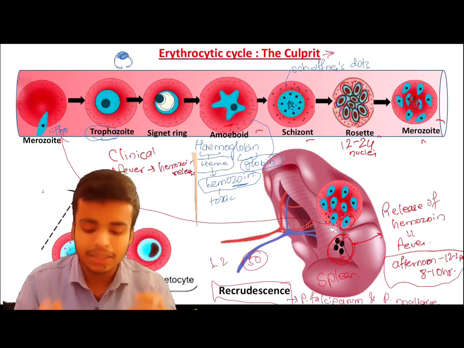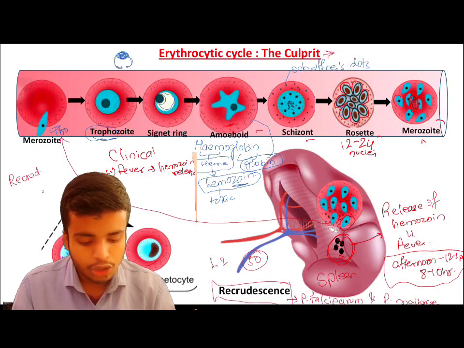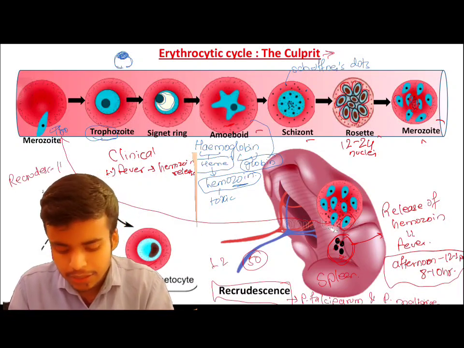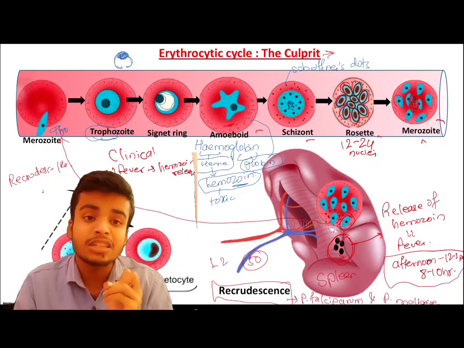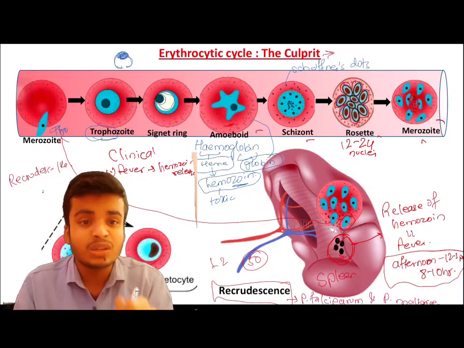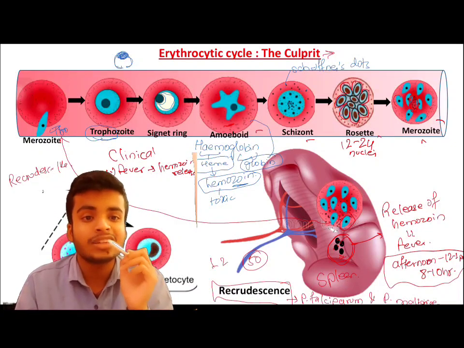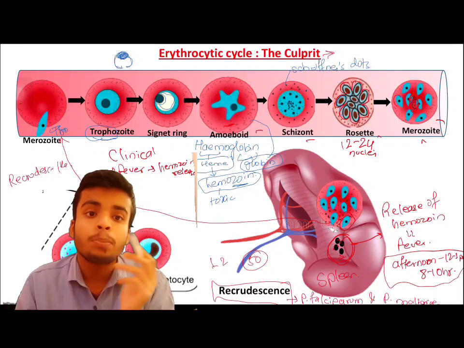So what is the basic difference between recrudescence and relapse? Relapse is seen due to liver schizogony, due to the hypnozoite, but recrudescence is seen due to erythrocytic schizogony. How can you prevent relapse?